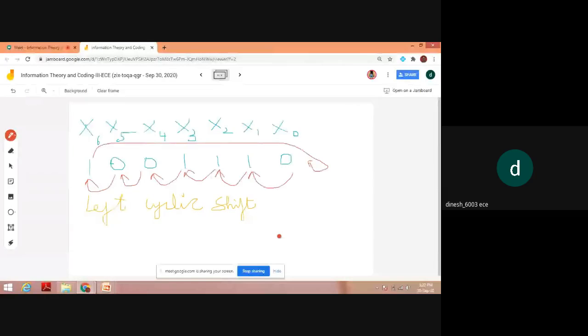When we do it like this, let us see what happens. So when you do left cyclic shift, the value will become 0, 0, 1, 1, 1, 0, 1.